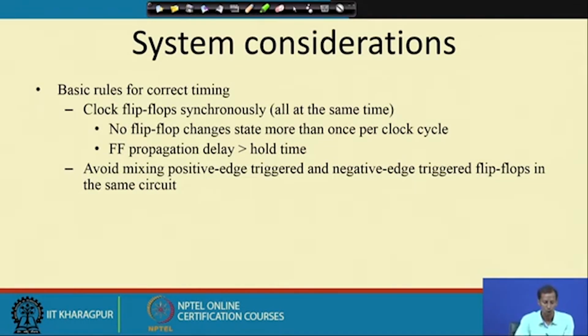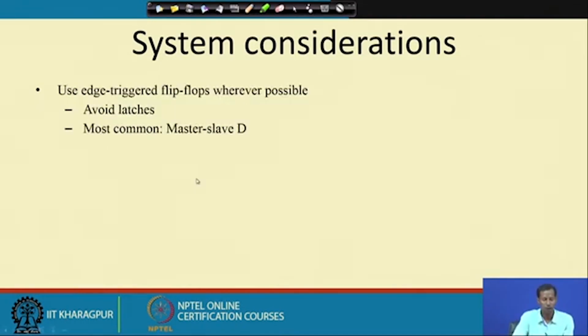Then, use edge triggered flip flops instead of latches. Why? Because a latch is level sensitive, not edge sensitive. Level sensitive means it depends not only on the clock, but on the clock as well as the data at the same time.